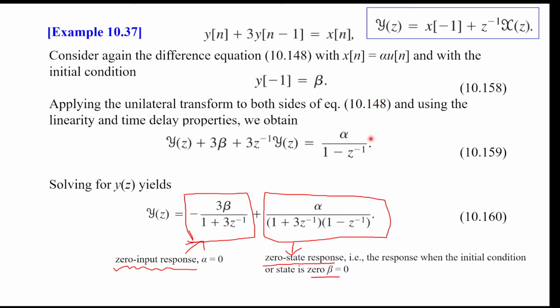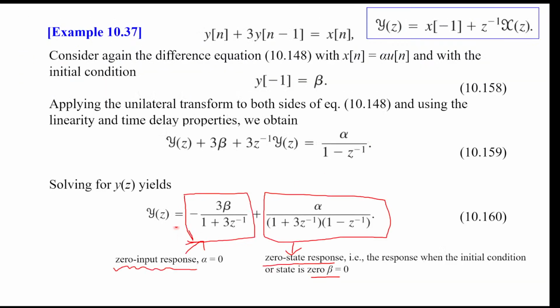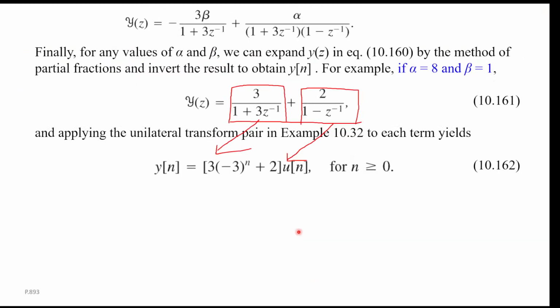Anyway, this is a funny name, but if we have actual values for beta and alpha, then we can solve for y of n in the time domain.